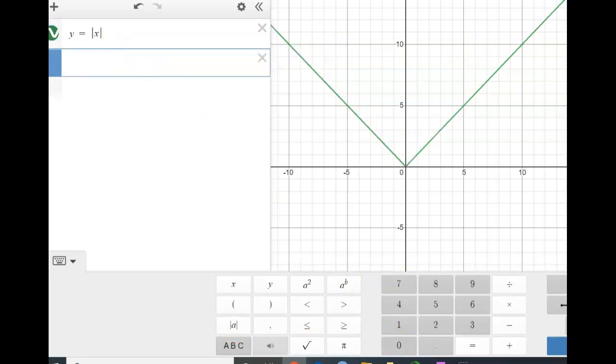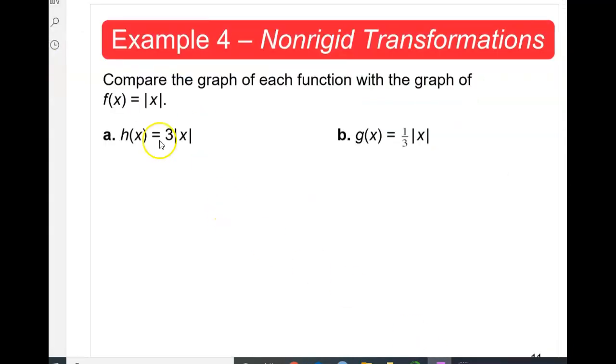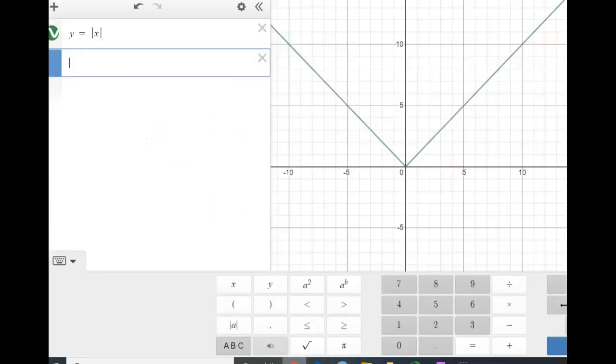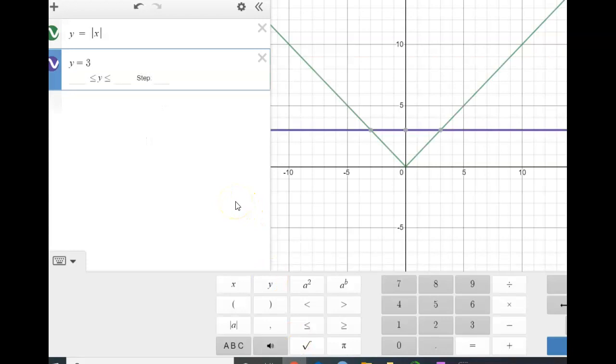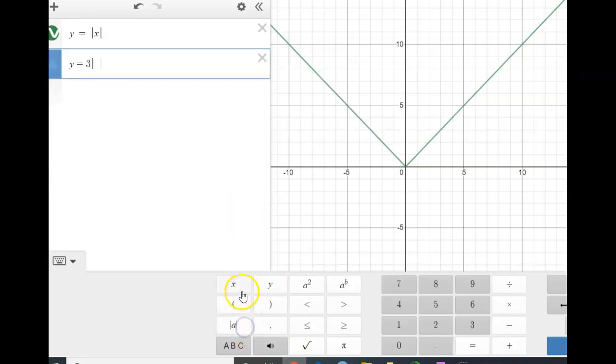And the first example that we need to graph is 3 outside the absolute value. So we're going to enter y equals 3 and then the absolute value of x. Okay, and you could see how the 3 stretched the parent function vertically.